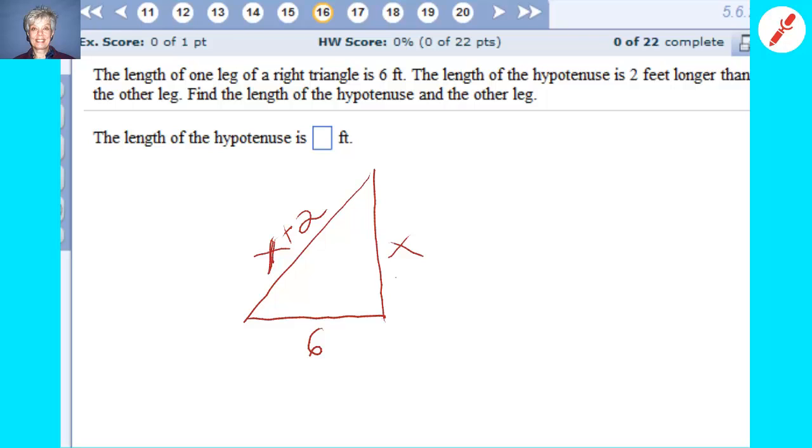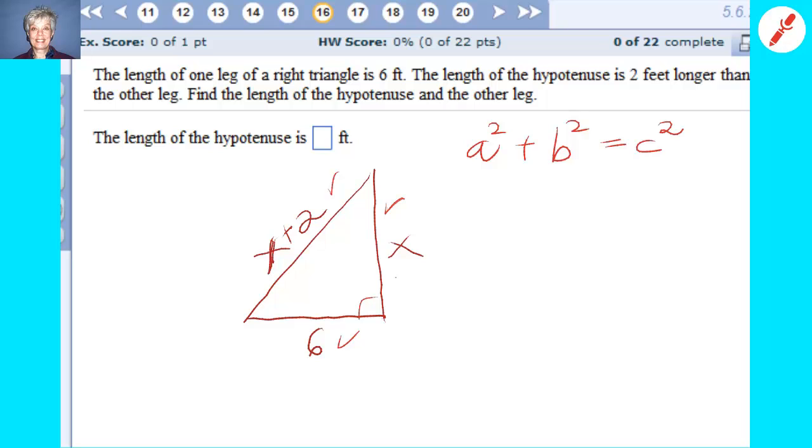Well, this side and this side are called legs. This side is called the hypotenuse. Since this is a right triangle, we're going to use the Pythagorean Theorem to solve this problem. A squared plus b squared equals c squared.